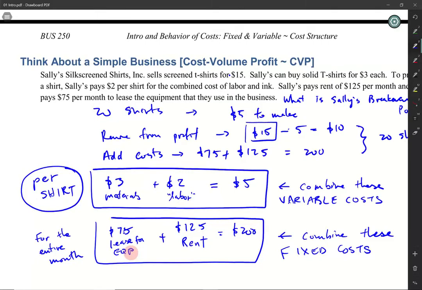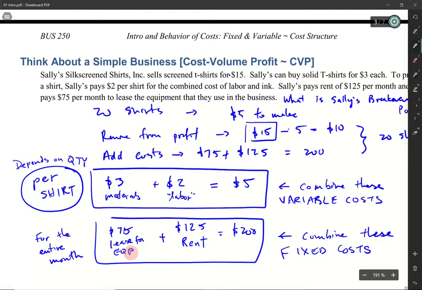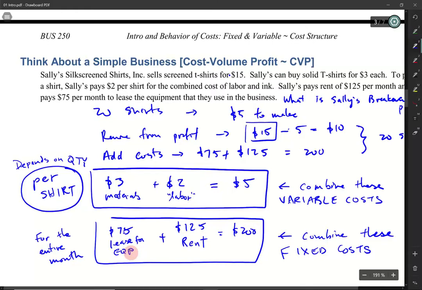So that's automatic, you have to pay that. Then the cost of materials and labor, that depends on how many shirts you sell. Okay, that's it. So it depends on what we call quantity, right? Or you know, output. Depends on quantity, depends on output.